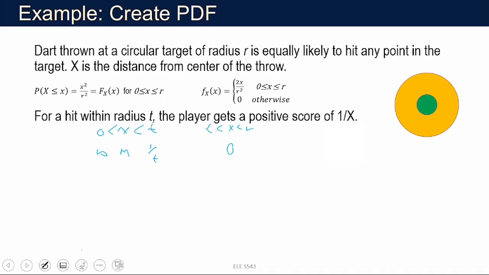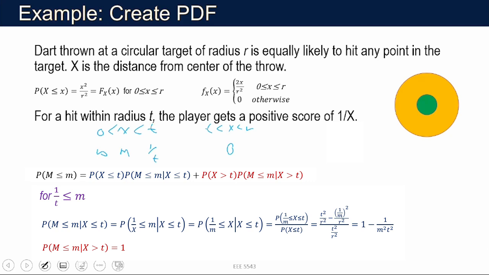So now we can think about how we create the cumulative distribution function of this monetary compensation. To do this, we can condition on the two cases that we have here for the range of where the dart hits and the implication on the monetary gain. So we're going to use the total expectation in order to break this event into two possible universes, depending on where we hit.